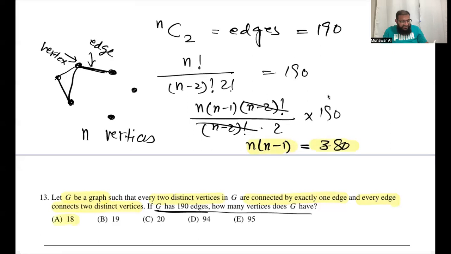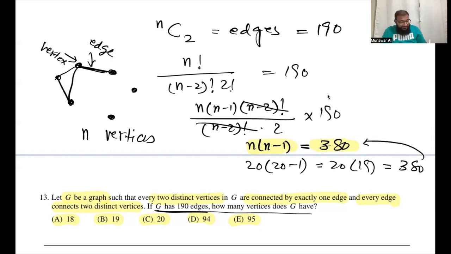You check all these values: 18, 19, 20, 94, 95. You check all of them and see which one of these options is correct according to the formula that I've written. So you will come to know that if I substitute n equal to 20, then 20 times 19 becomes 380, which is exactly what I want.